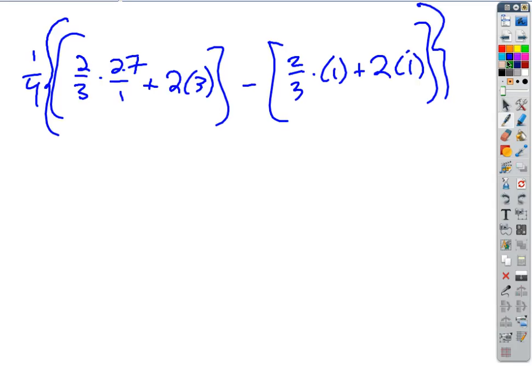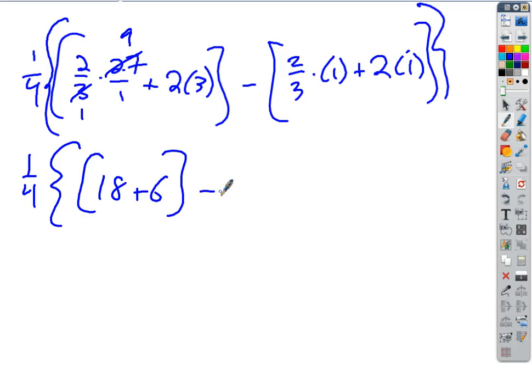Okay, so let's do the algebra. So 2/3 times, 3 and 27 reduce to 1 and 9, right? So that's going to give me 18. 18 plus 6 minus 2/3 plus 2.